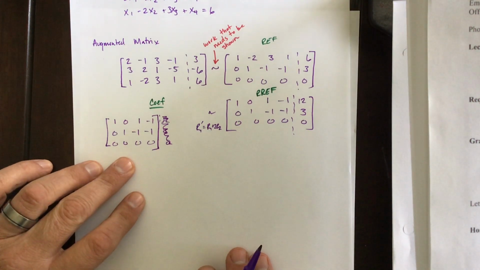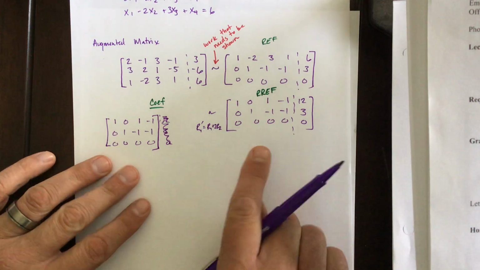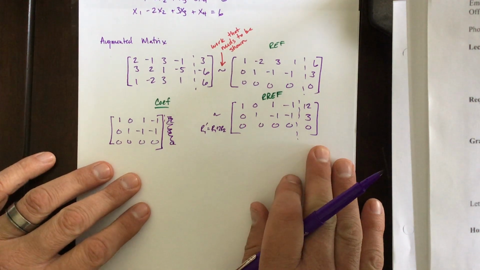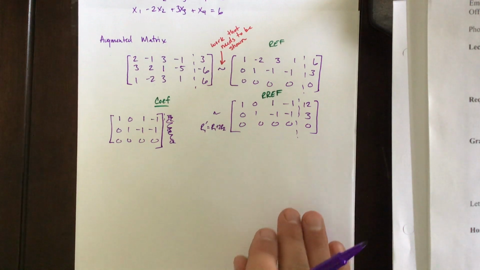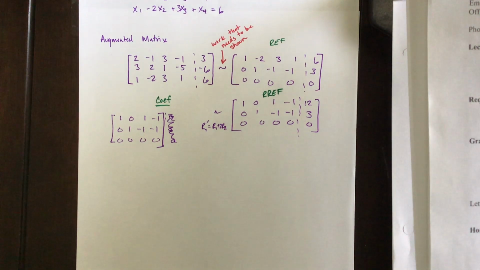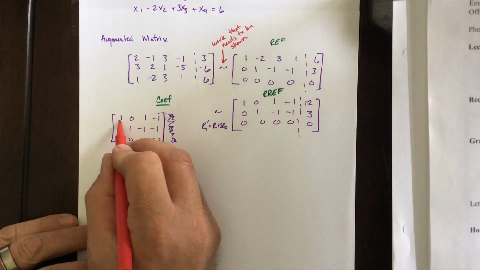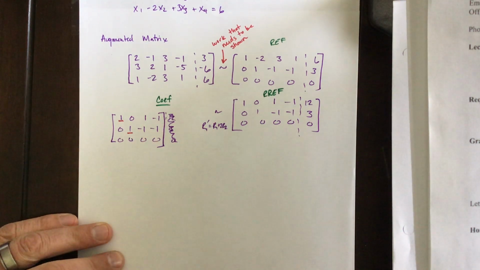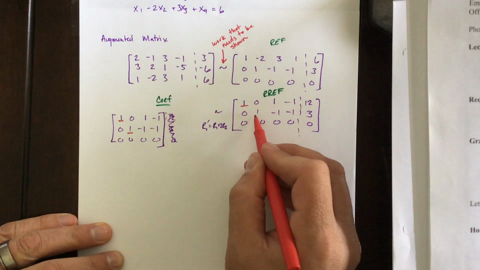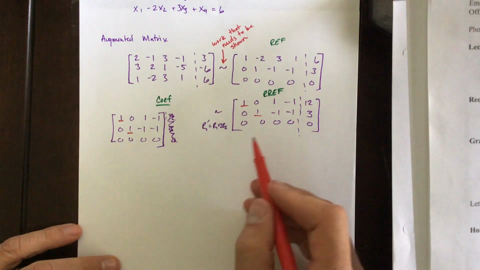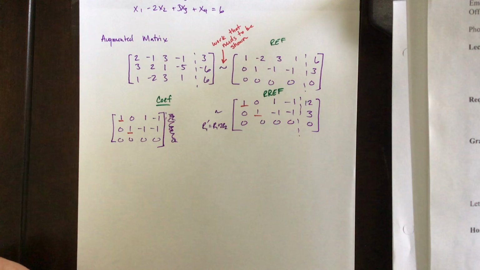There's the coefficient matrix. Here's the augmented matrix for the reduced row echelon form. Let's underline our pivots. There's a pivot there, there, there, and there, and there are no pivots down there. So the augmented matrix and the coefficient matrix have the same number of pivots.